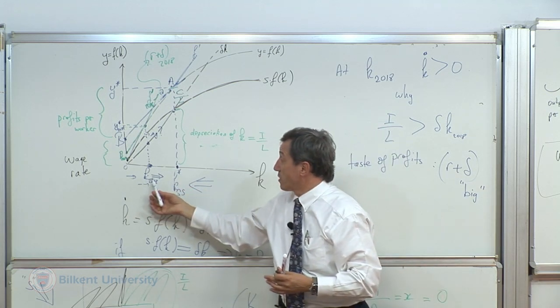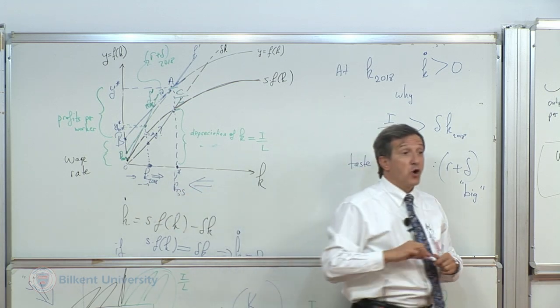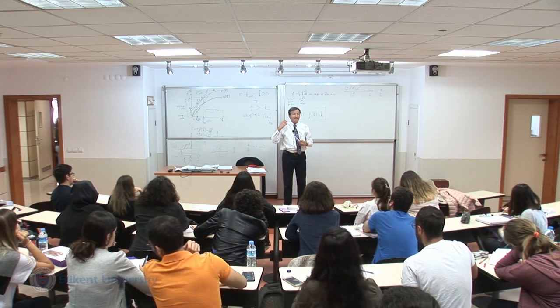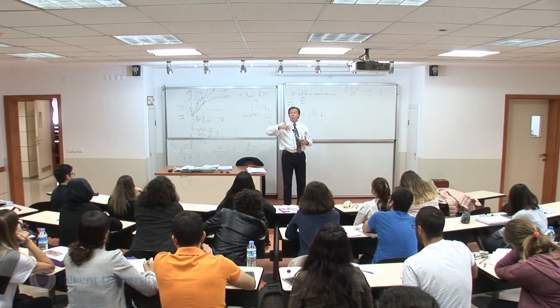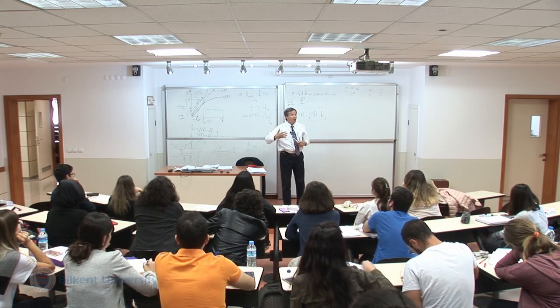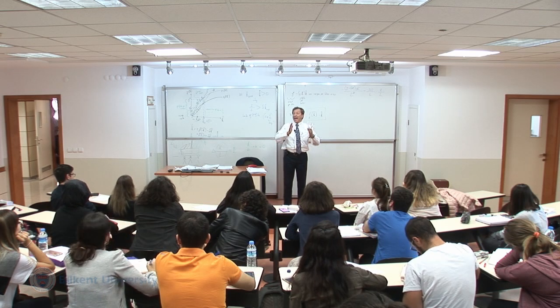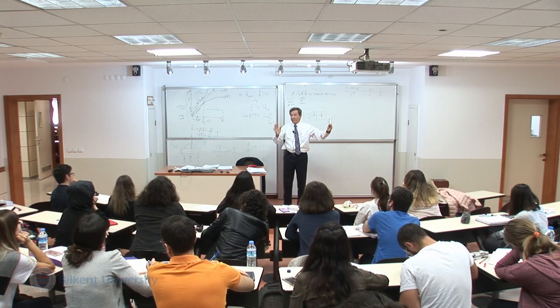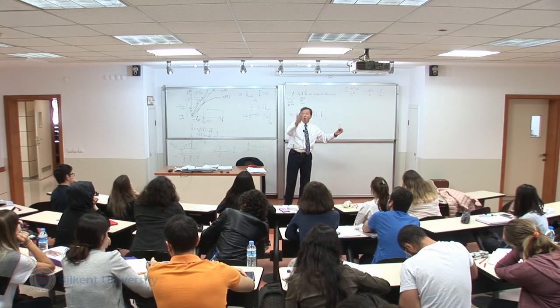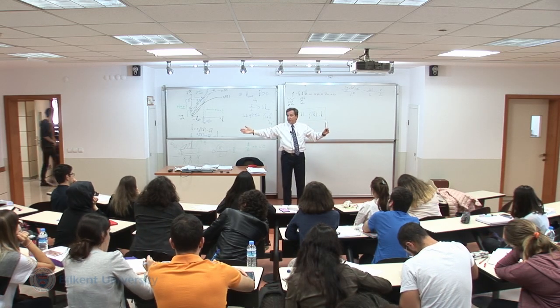And you go all the way here because the factor markets are telling you that there are profit opportunities out there. Therefore, you have to keep on expanding the size of your capital. That is, you have to invest more than depreciation.